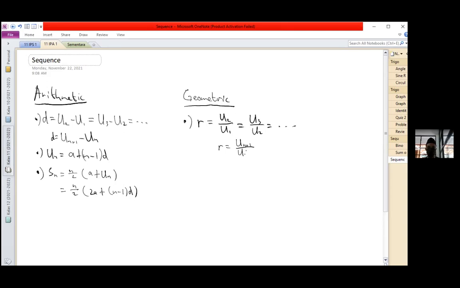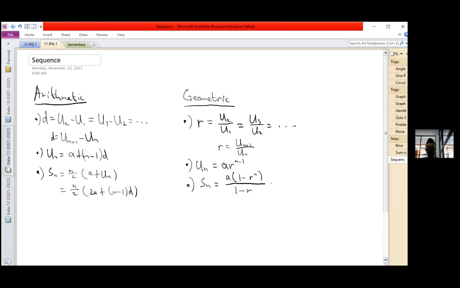So Un is the nth term. If you want to find a term in the geometric sequence, you can find it by using a times r to the power of n minus 1, and the sum Sn equals a times (1 minus r to the power of n) divided by (1 minus r).